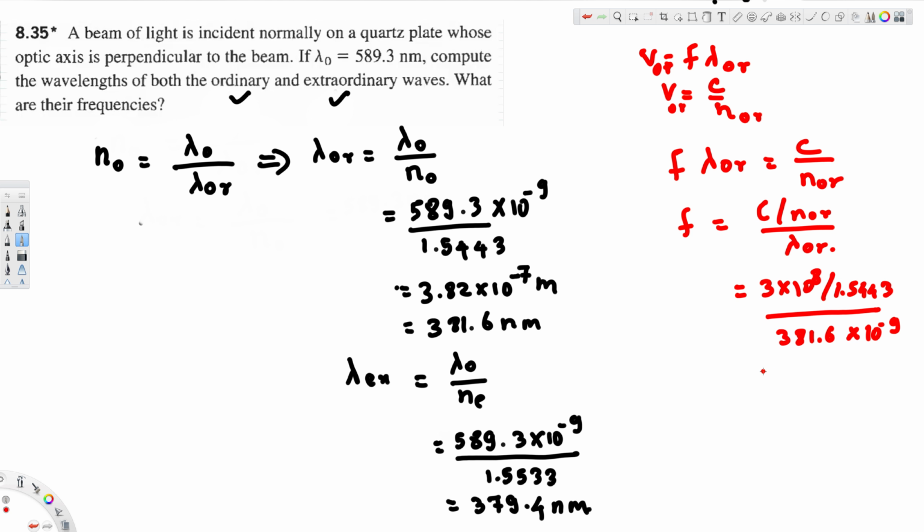If you calculate this, you're going to get 5.090 times 10 to the power of 11 hertz. Yeah, so this is the answer for this one.